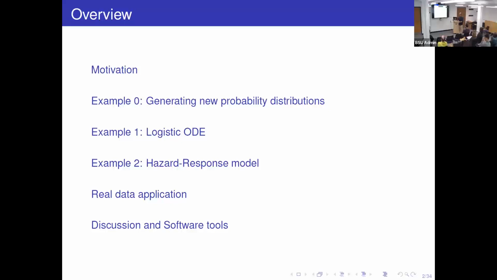This approach can be used with likelihood-based estimation or Bayesian estimation. In this case, we will focus mostly on the Bayesian approach. Then I will also explain some of the computational challenges behind this approach, and I will conclude with a general discussion and some of the available software.